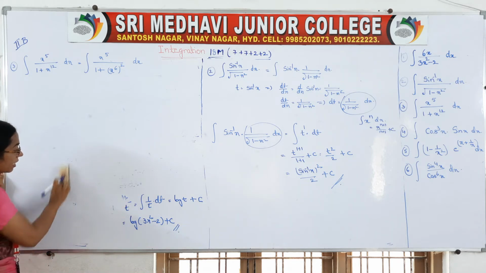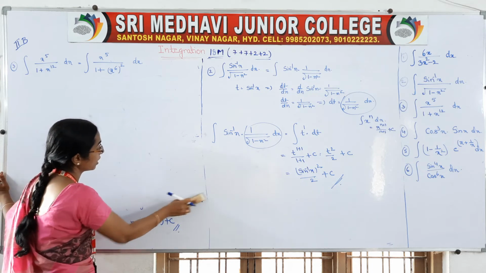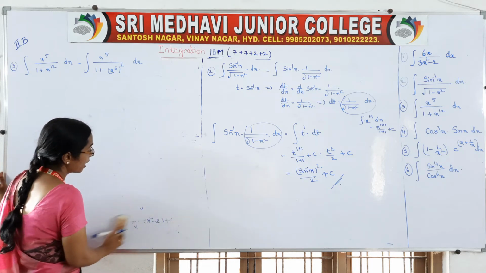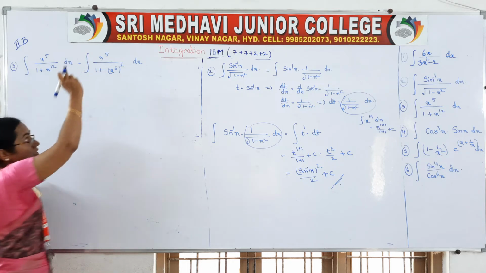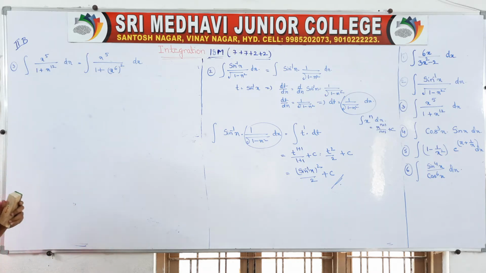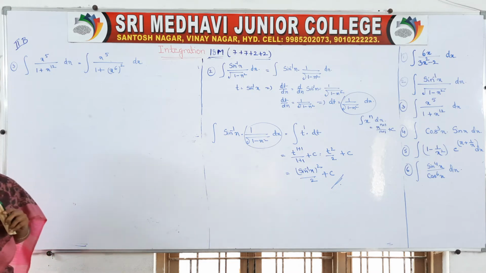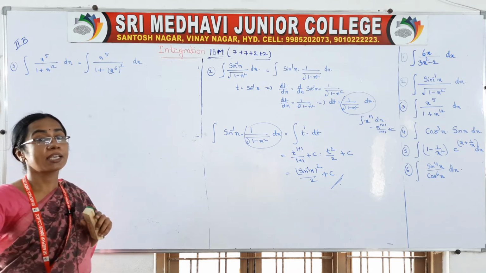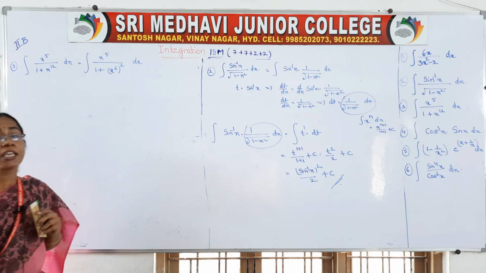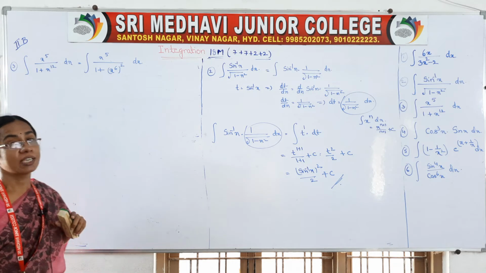Why are we writing like this? If I take t is equal to x to the power of 6, what happens? If we differentiate it, you will get x to the power of 5. In the first question, I said to you, if in two terms one value's power is more than the other, take that value as t. If you differentiate it, one power will be reduced, isn't it?